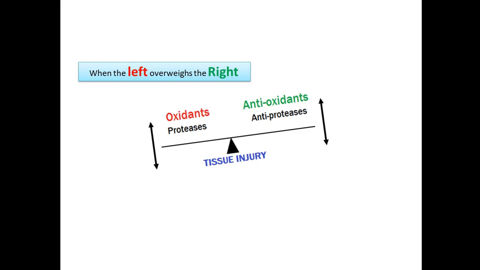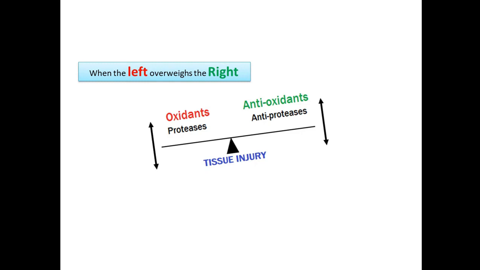which are produced. The body has mechanisms known as the antioxidant mechanisms, for example dismutase enzymes and other antioxidants like vitamin E and other things. But when the production of the oxidants and proteases overrides the antioxidant mechanisms of the body, what happens?